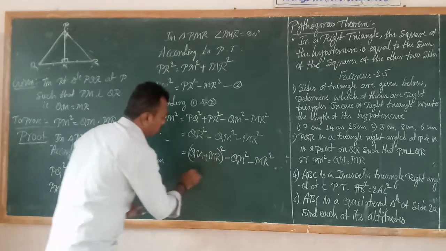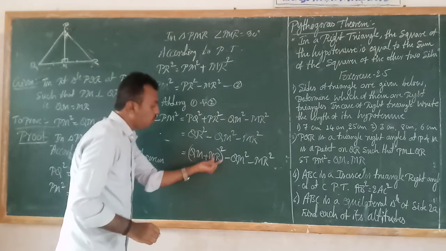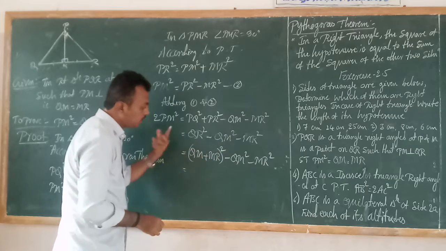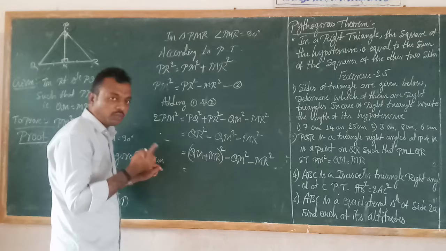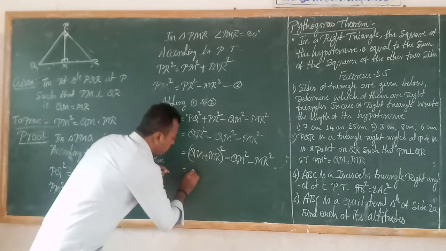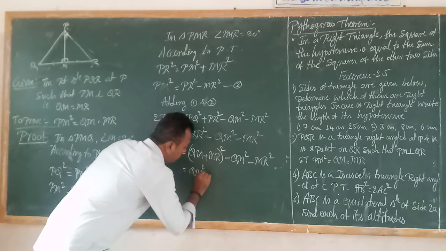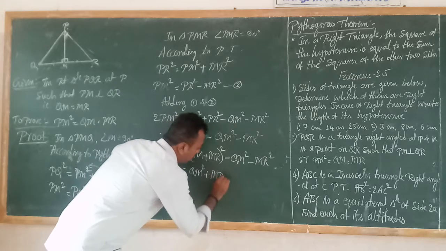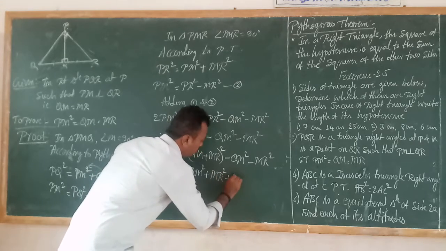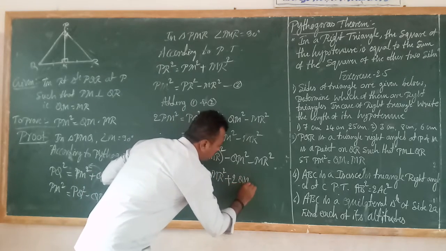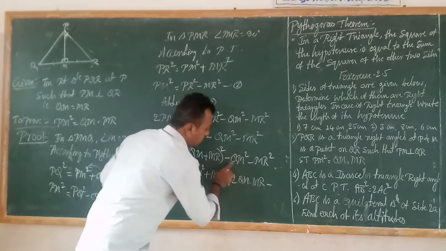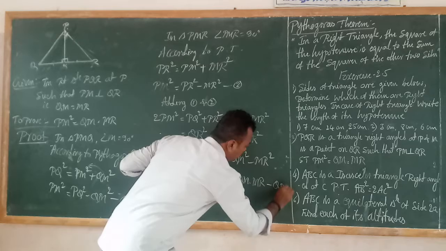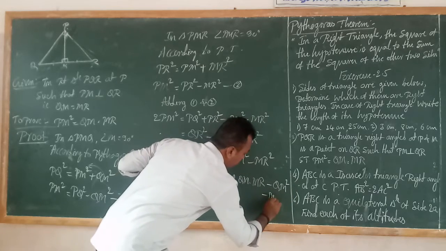This is in the A plus B whole square format, so I will expand it: A square plus B square plus 2AB. So it is QM square plus MR square plus 2 times QM into MR, minus QM square minus MR square.